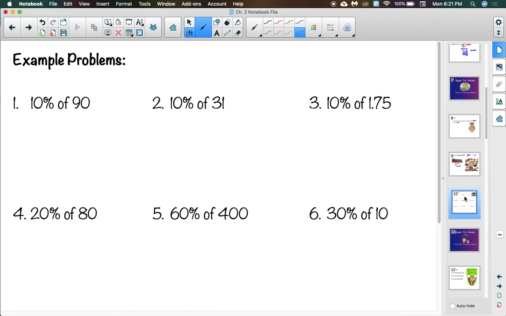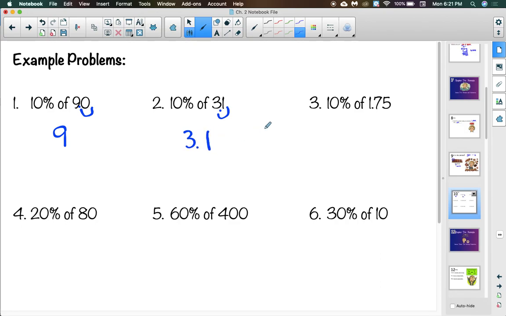All right, so let's do some example problems. 10%. We can do 10% all day long. It is very, very easy. 10% of 90. Take your decimal at the end of that number, move it one place to the left, and we get the whole number 9. 10% of 31. Move your decimal one place to the left, and we get 3.1. So this is fine if we've got decimals in our answer.